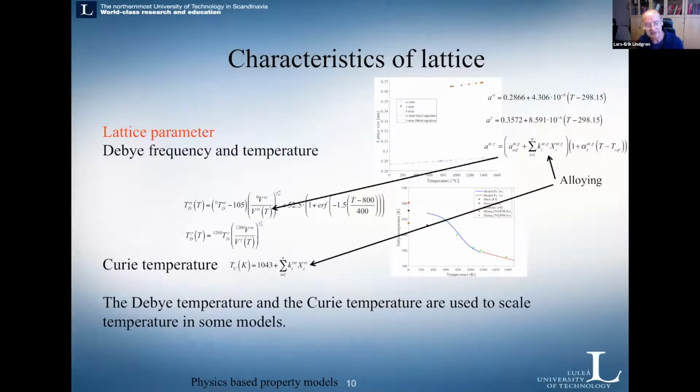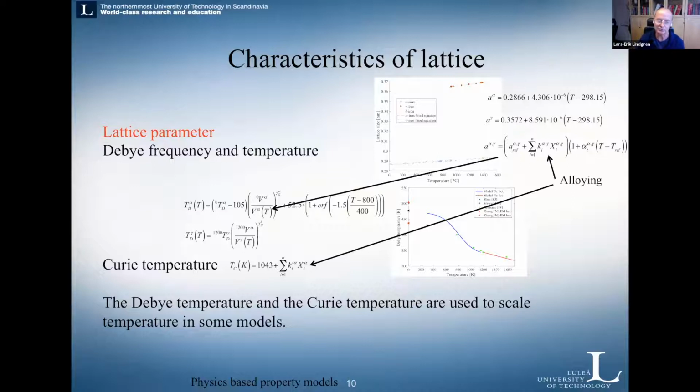When you look at the characteristics, we have some typical variables. You will see some equations, but I will just give you the impression, I won't teach you about it. Like the lattice parameters, which are important not only for the thermal expansion of the material, and that can depend on the alloying also. It also affects the Debye frequency or the corresponding Debye temperature, giving a temperature-dependent Debye temperature.